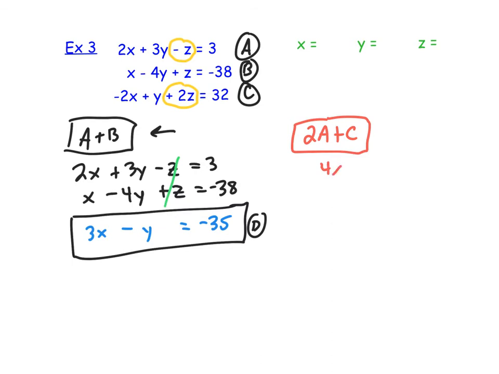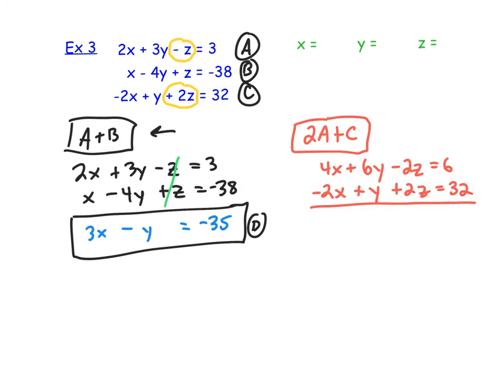That gives us 4x plus 6y minus 2z equals 6. I just doubled everything in that equation. And then c, I'm just going to leave it alone. So negative 2x plus y plus 2z equals 32.